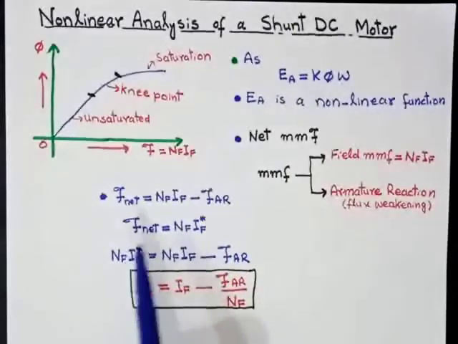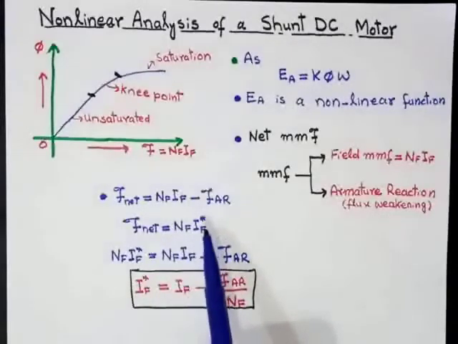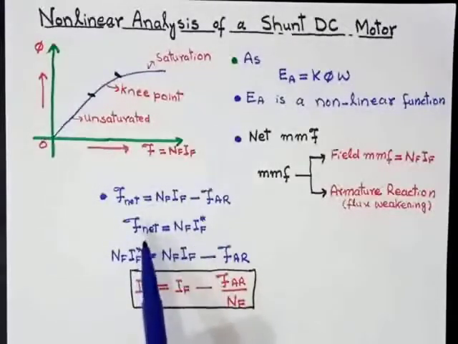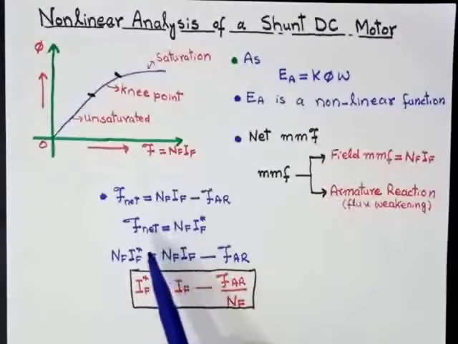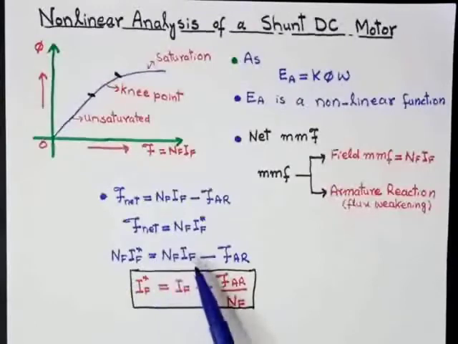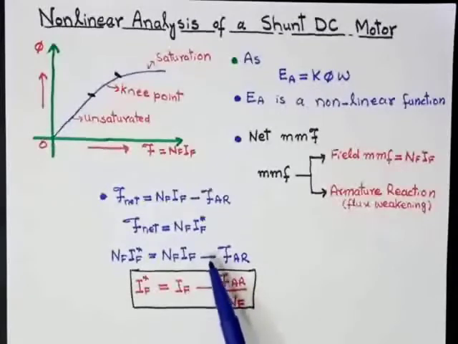Let the net magnetomotive force be equal to NF into IF static. Putting the value of net magnetomotive force in this equation, we get NF IF static is equal to NF into IF minus armature reaction magnetomotive force.